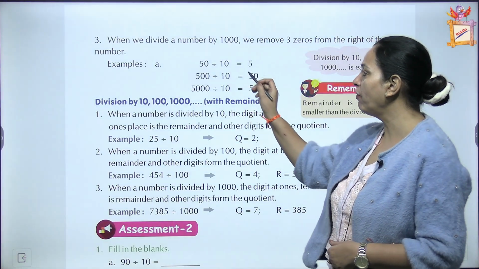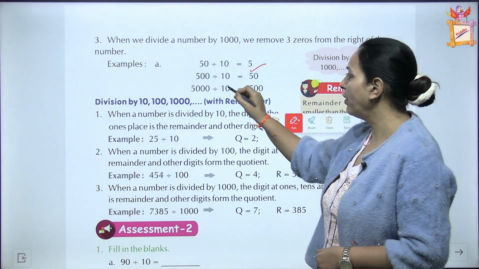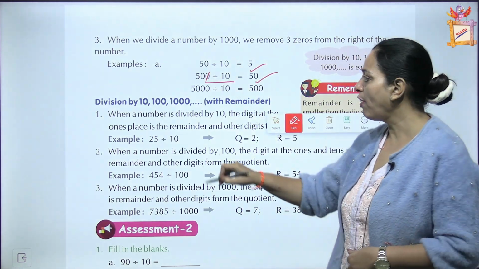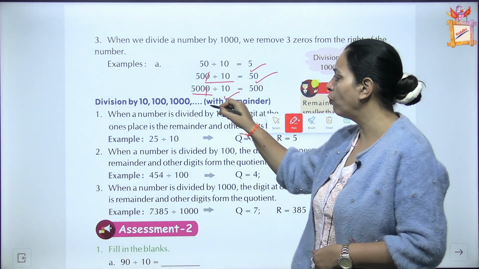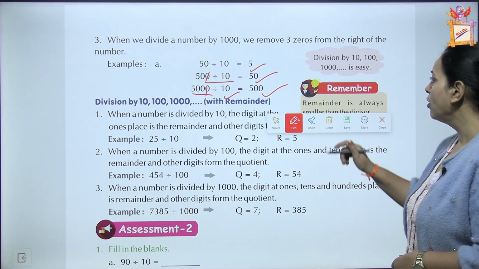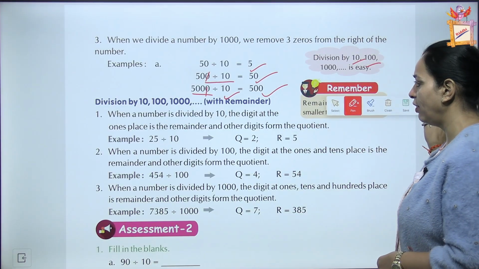See example, 50 divided by 10. Answer is 5. 500 divided by 10, remove 1 zero, answer is 50. 5000 divided by 10, remove 1 zero, answer is 500. Okay, so division by 10, 100, 1000 is very easy, right?